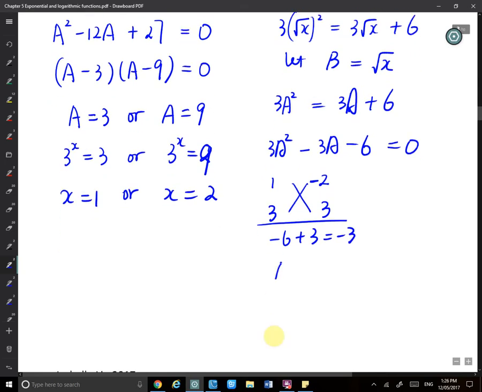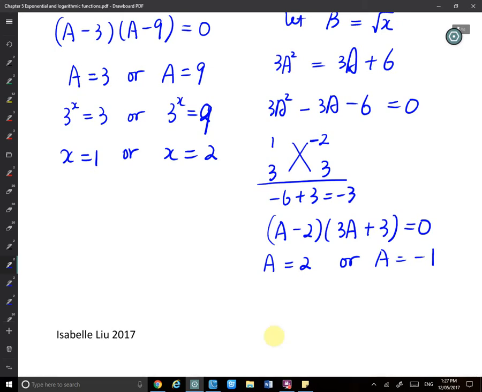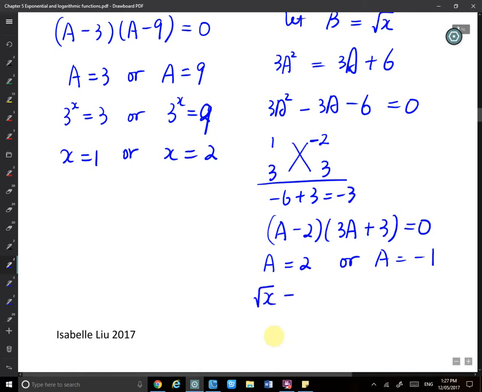What I can have is A minus 2, 3A plus 3 equals 0. A can be 2 or A can be minus 1. Which means the square root x can be 2 or square root x can be negative 1.